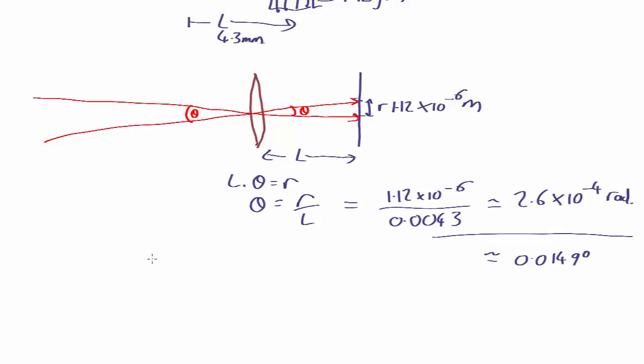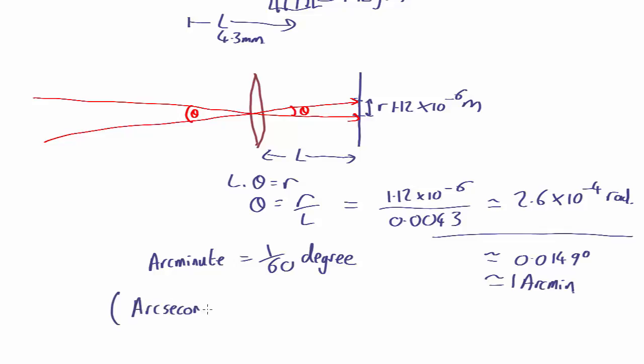We have the arc minute, which is equal to 1/60th of a degree. And it turns out this is about 1 arc minute. We also have the arc second, which is much smaller than this again.